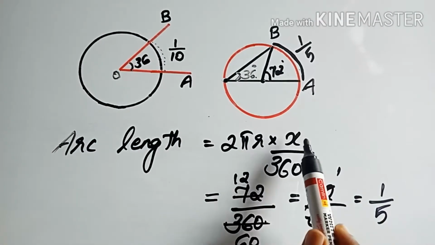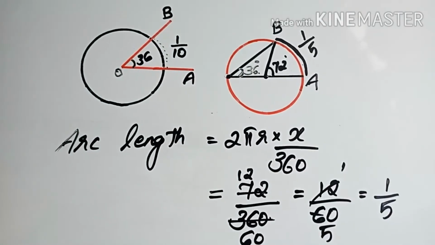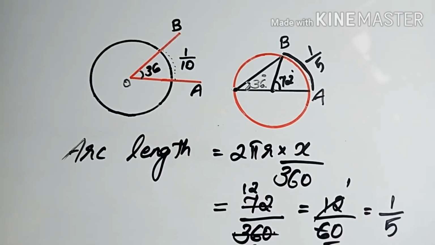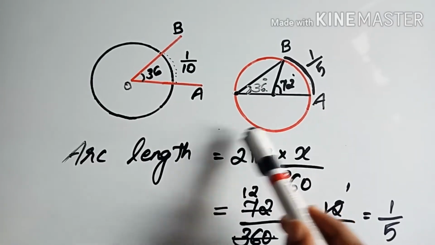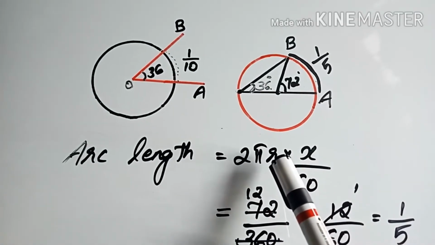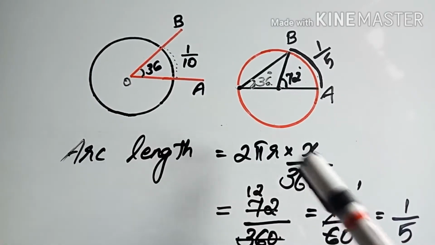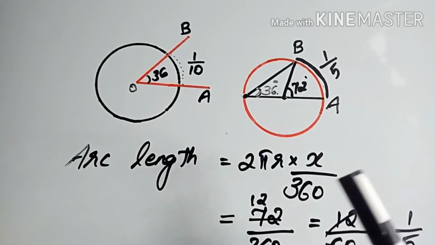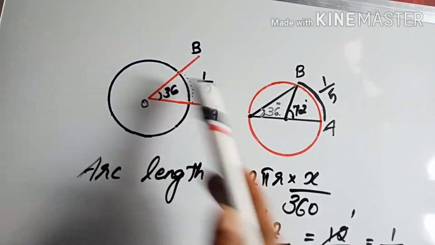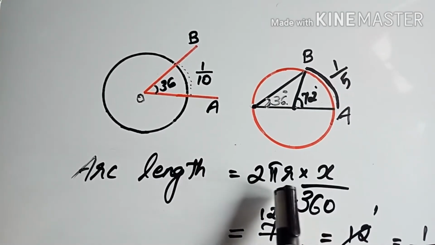The equation is actually 2 pi r into x by 360 degree, but here we are considering the arc length in terms of part. Okay, the part relation we are applying here, that's why we are not using 2 pi r in the equation. If we know the radius, we can find the arc length in exact measurement, but here we are using the whole circle's part, that's why we are not using 2 pi r here.